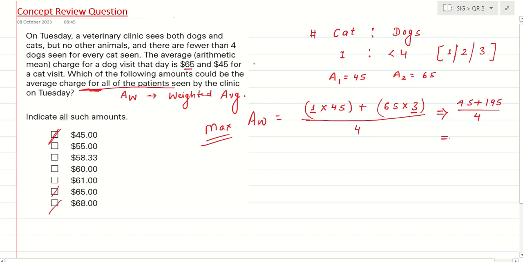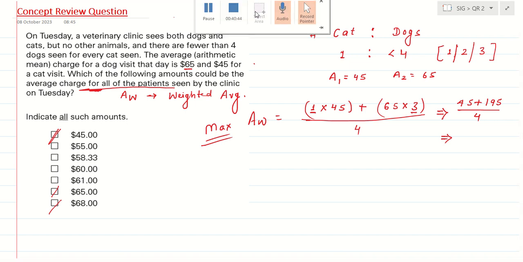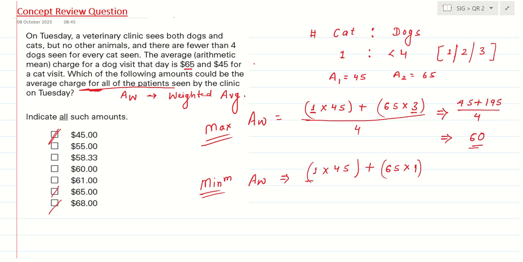How much will you get maximum? 60. 240 by 4 is 60. Makes sense, right? So remember, 60 is the maximum weighted average.